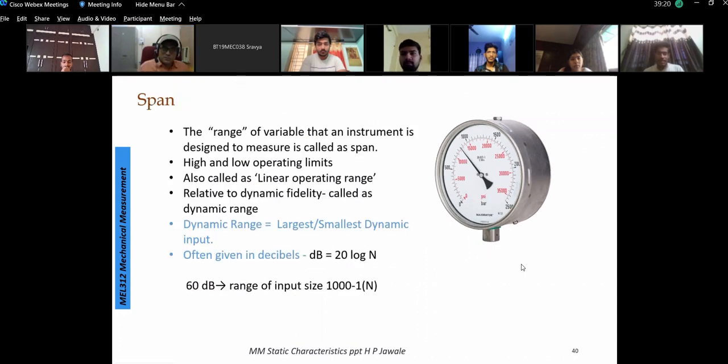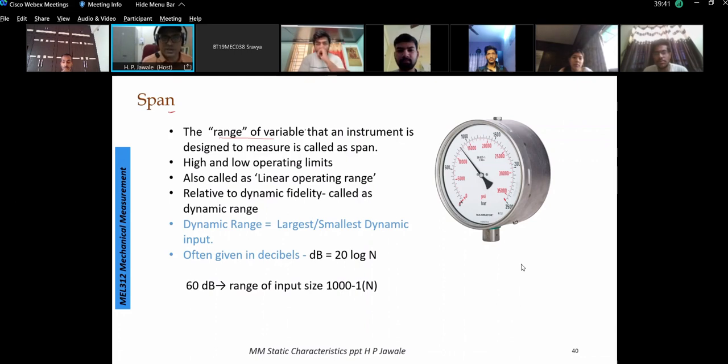So the next term is very related to the readability. Span. Span is nothing but the range of the variable. Say for example here from 0 to 2500 bar is the value that is shown, or in terms of psi, the last value that can be shown on the scale is known.